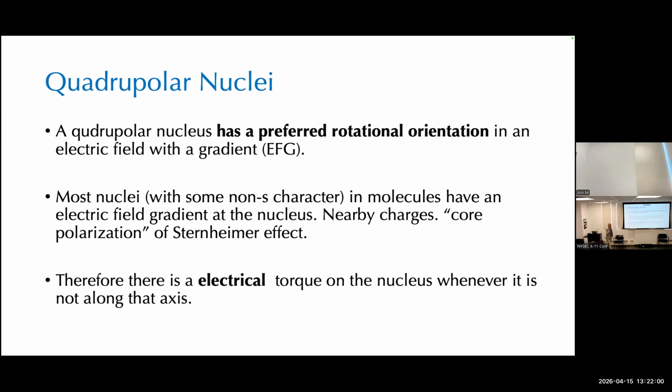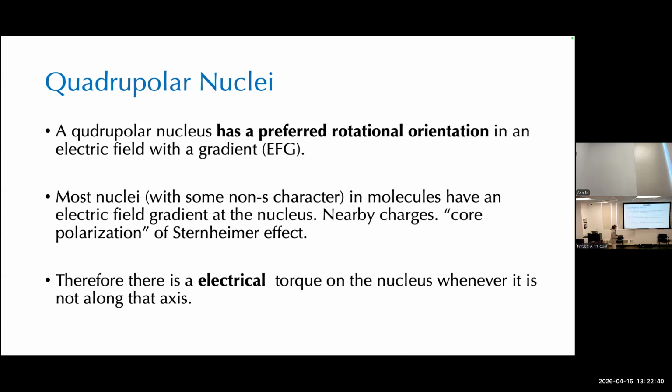Another thing that comes into the Hamiltonian, the other piece, is an explanation to the question, why does this frisbee or cigar-shaped electrically charged object have a preferred rotational orientation? It has a preferred rotational orientation because of the bonds, because there's an electric field gradient in its vicinity due to the bonding electrons, especially the ones that have a little bit of S character, so they penetrate the nucleus, but they also have P character, so they're not spherically symmetric.